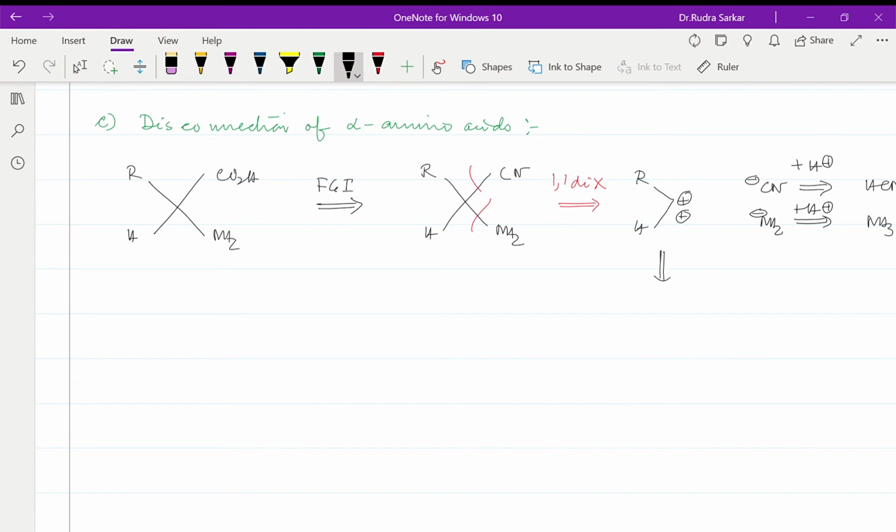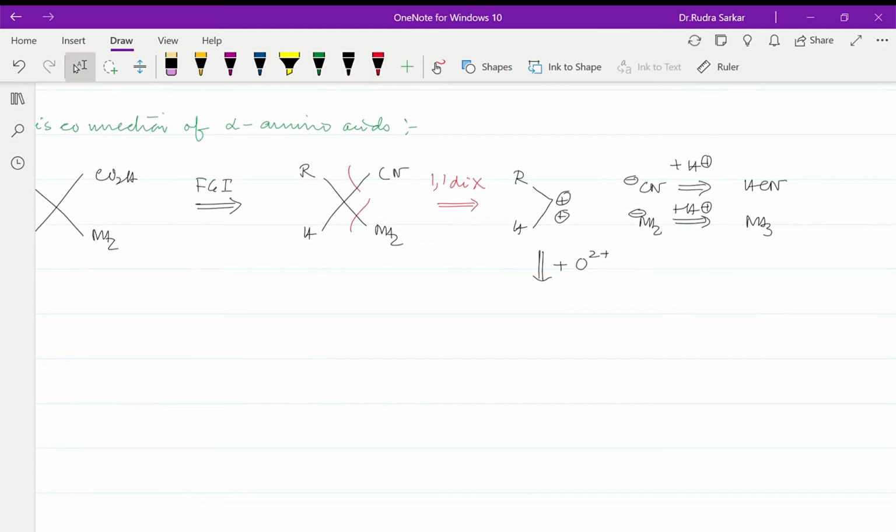And for any synthon that is having plus plus on the carbon, I have said before, always add O2 minus. So that will give you the corresponding aldehyde.